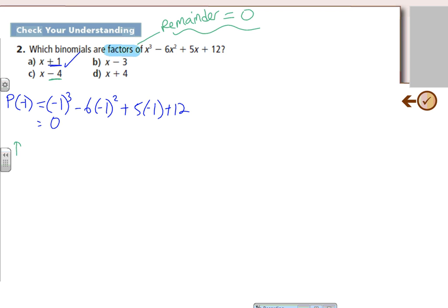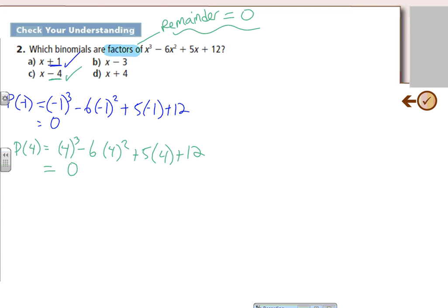We're doing p of positive 4 now. Oops, I'm not doing it in the right order, I'm doing c, but that's okay. 4 cubed minus 6 times 4 squared plus 5 times 4 plus 12. Hammering that through your calculator, I know your best friend is a calculator, there you go. You got 0 as well. So yeah, c is also a factor.